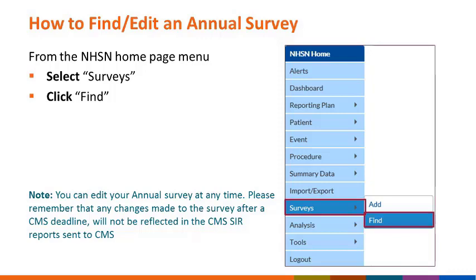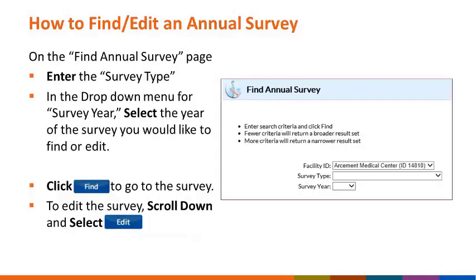Any changes made to the 2018 annual facility survey after the CMS deadline on February 15th, 2019 will not be reflected in the CMS SIR reports sent to CMS for 2018 Q3 data.